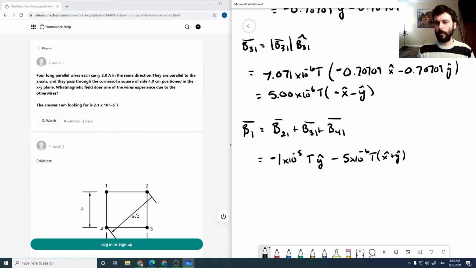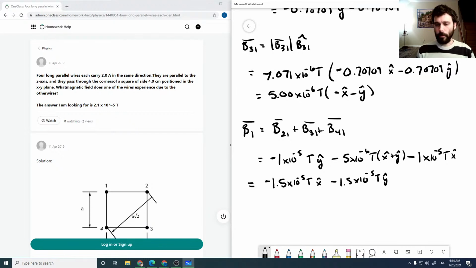So I just took the negative out of there. And minus 1 times 10 to the minus 5 Tesla x hat. So this comes to be minus 1.5 times 10 to the minus 5 Tesla x hat minus 1.5 times 10 to the minus 5 Tesla y hat.